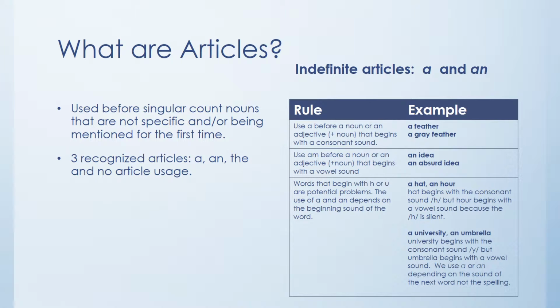University begins with the consonant sound y, but umbrella begins with a vowel sound. We use a or an depending on the sound of the word, not the spelling. So you have to know the sound of the word before you can figure out if you need a or an.